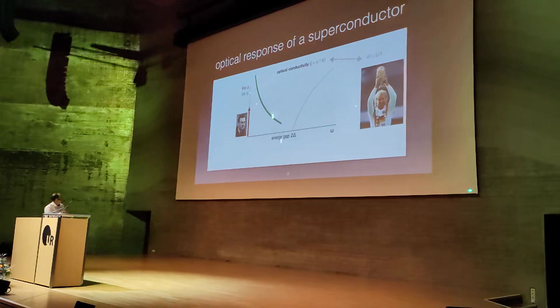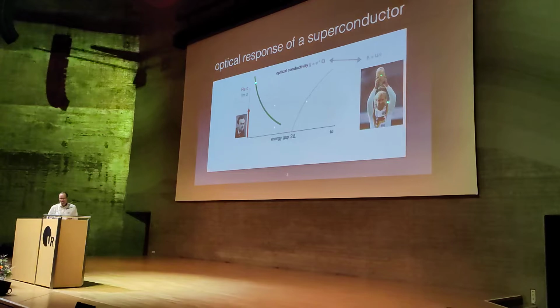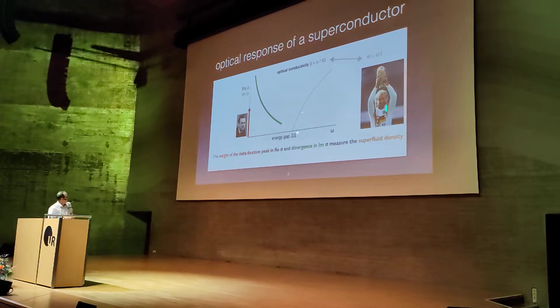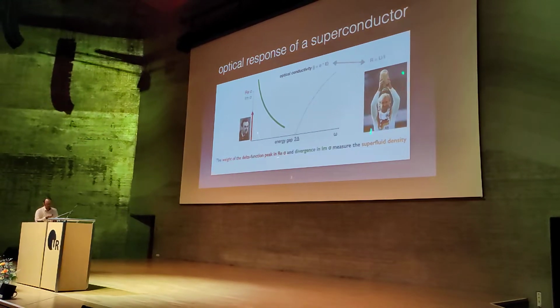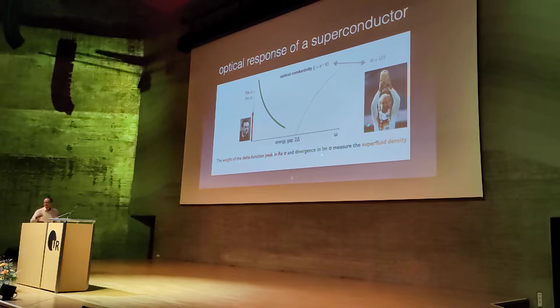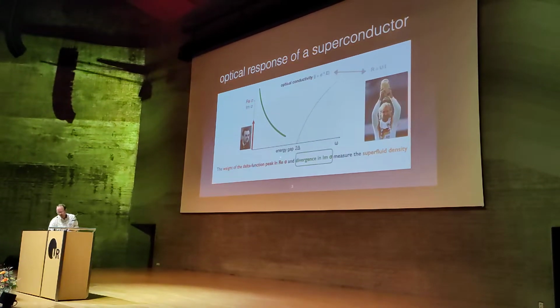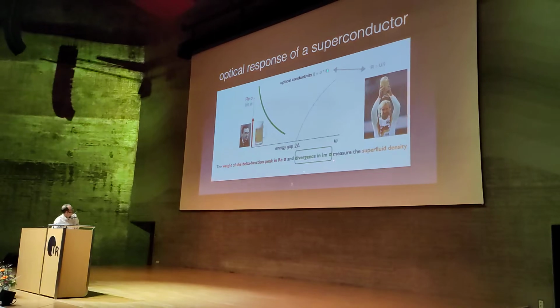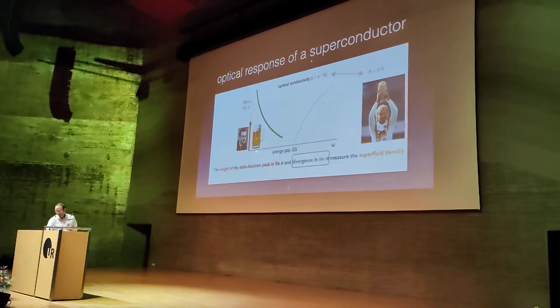Basically this is the hallmark of a superconductor, the delta function and the 1 over omega. The weight of this delta function peak in the real part and the divergence in the imaginary part measure the superfluid density from the point of view of optics. The divergence here is the indication that we have a superfluid.